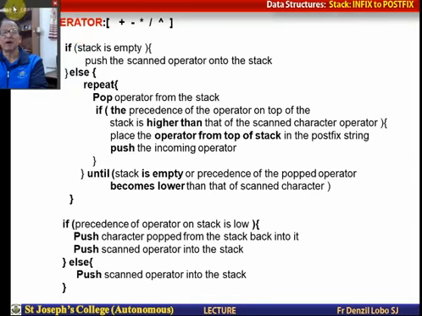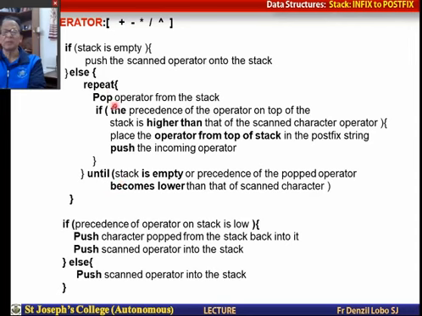Here we have this with pseudocode. If the stack is empty, then push the scanned operator onto the stack. Otherwise, you repeat until the stack is empty or the precedence of the operator becomes lower than that of the scanned operator. So this is the condition I spoke about.